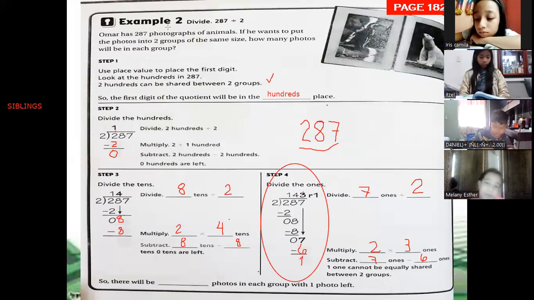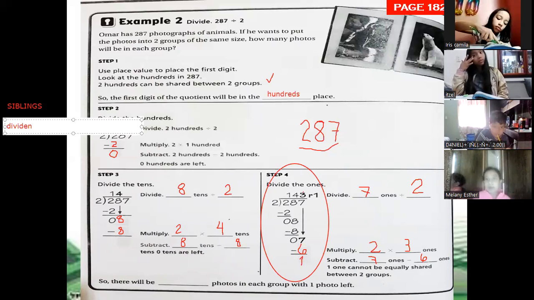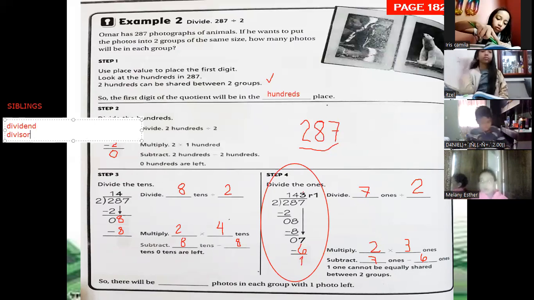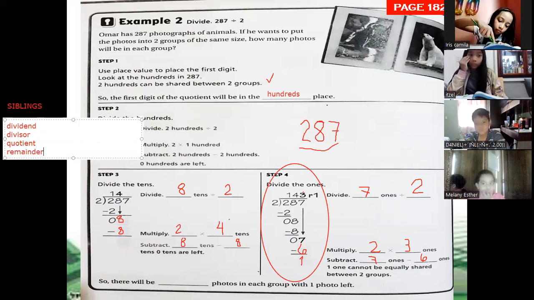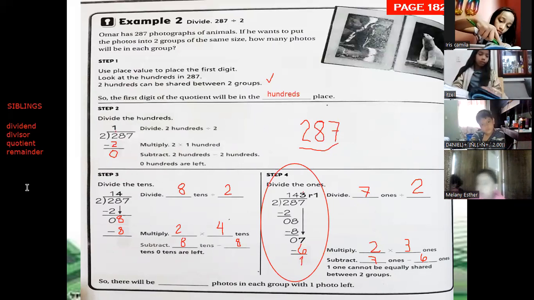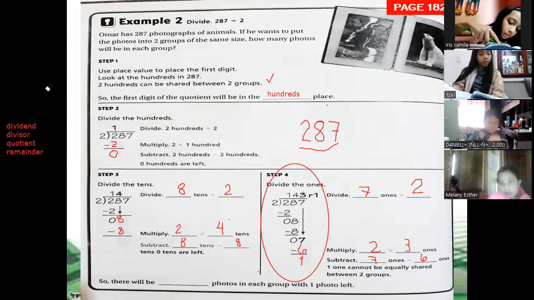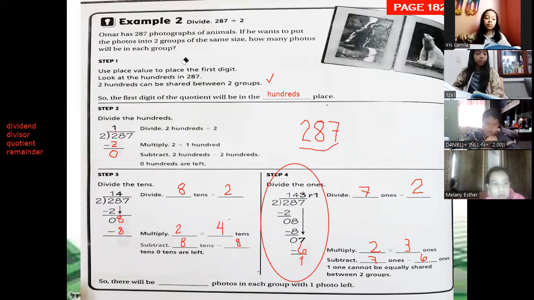Where do you write the answer in a division? The division has 4 parts: the dividend, the divisor, the quotient, and sometimes divisions have a remainder. One of these parts of the division is the answer. What is the answer?